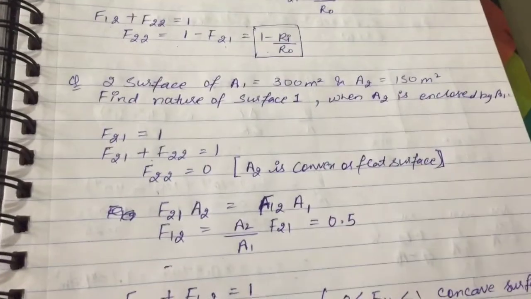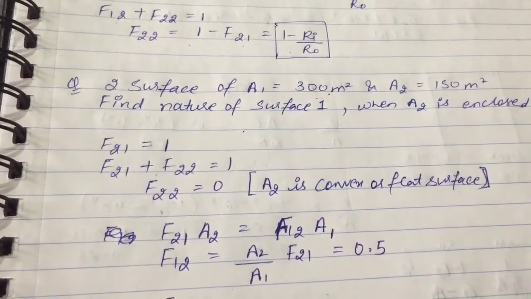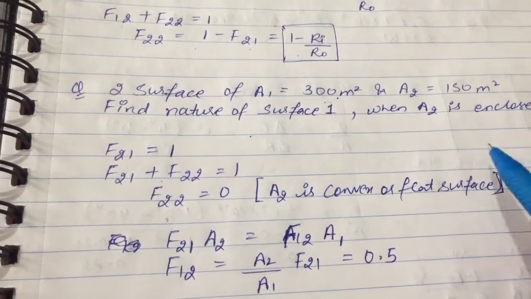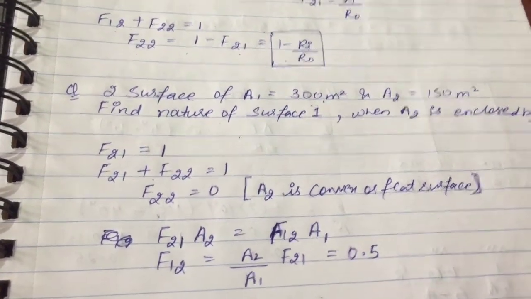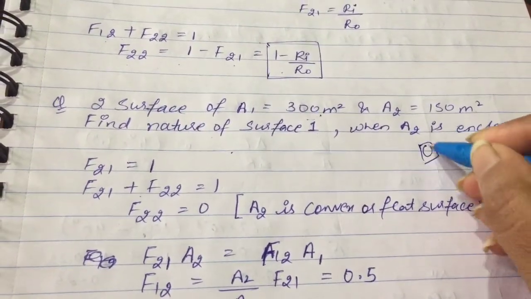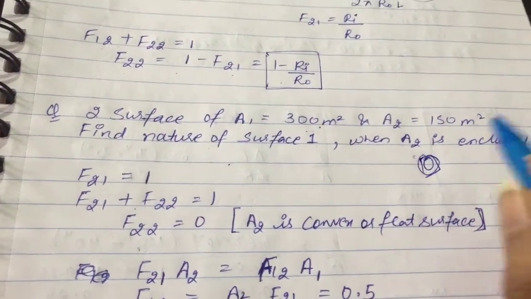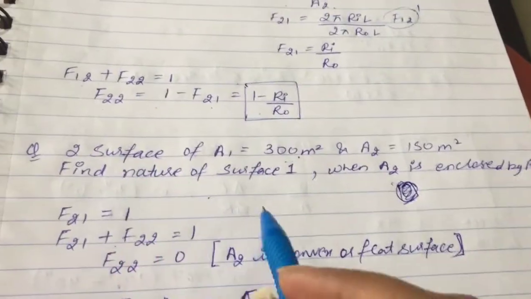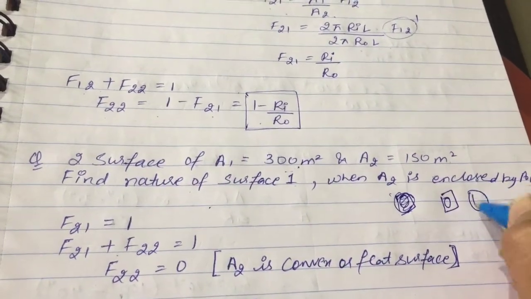Next question is, two surfaces are given: area 1 is 300 meter square and area 2 is 150 meter square. We have to find the nature of surface 1 when area 2 is enclosed by area 1. The surface could be of any shape. It could be a flat surface or a concave surface or convex, the outer and inner surfaces. So we have to find the nature, in what shape the outer surface or the inner surface is.